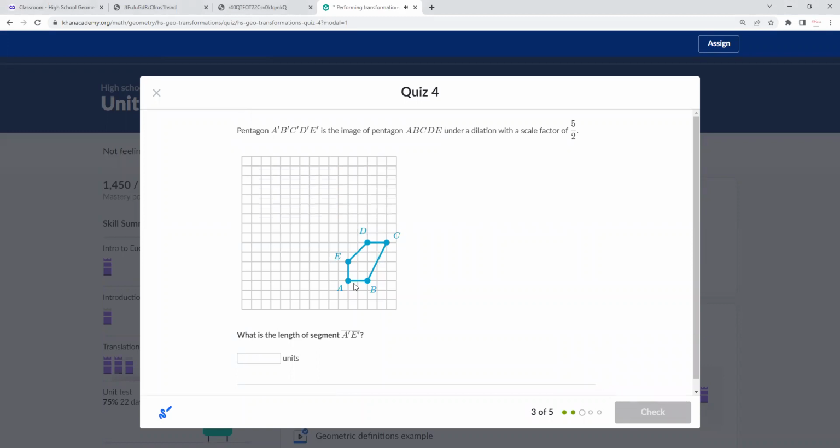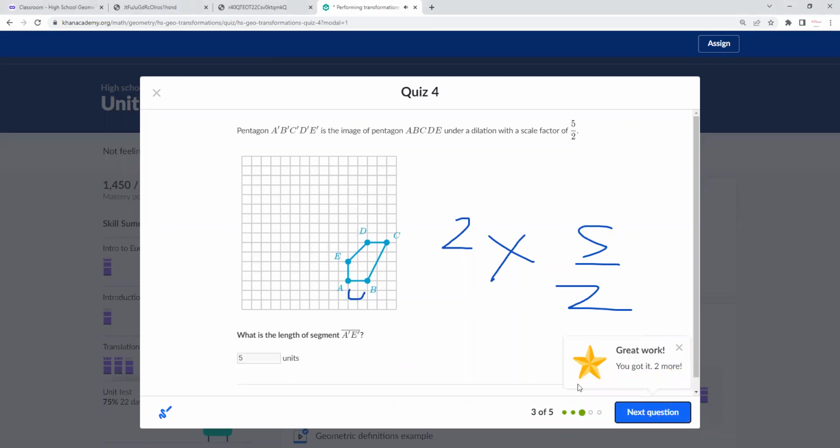Okay, so this is the image before the dilation with a scale factor of 5/2, which is 2.5. If AB is 2 units, just multiply that by 5/2, which is 2.5. That gets you 10/2, which is 5. So after the dilation with a scale factor of 5/2, AB is going to be 5 units instead of 2.